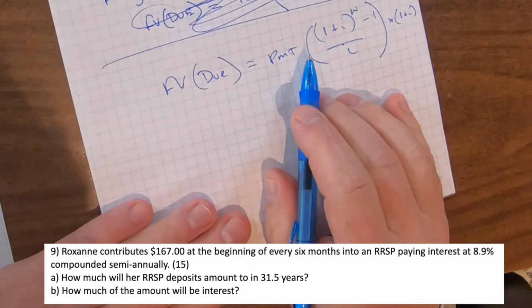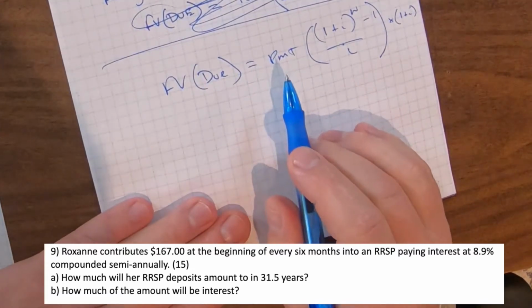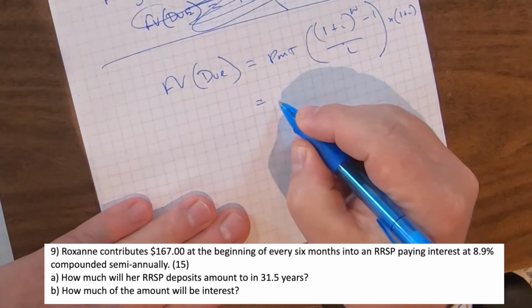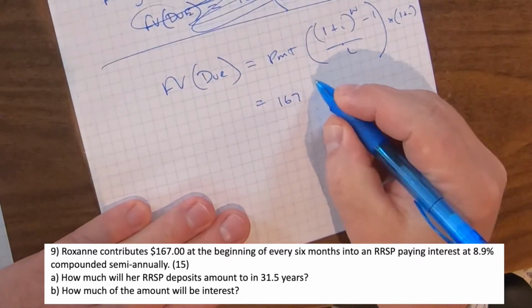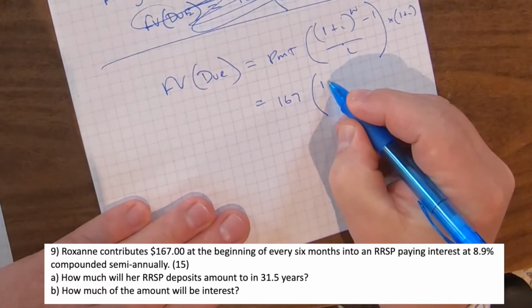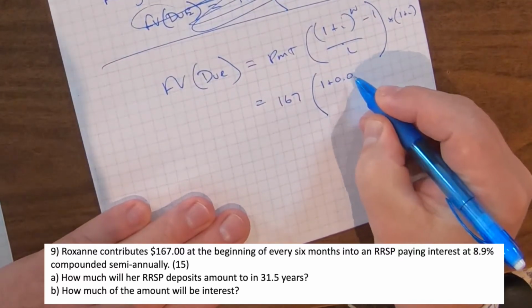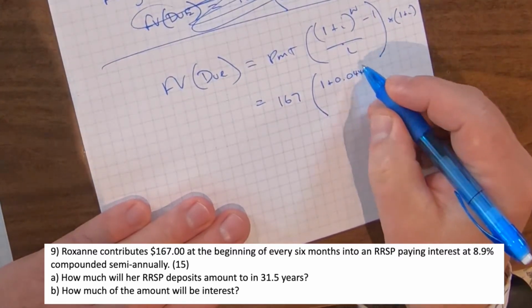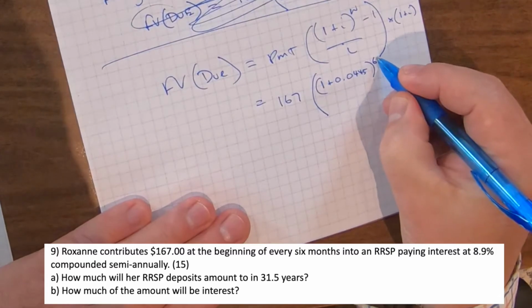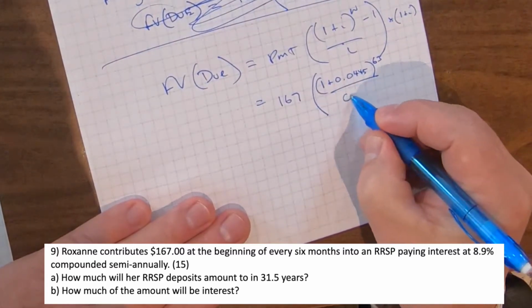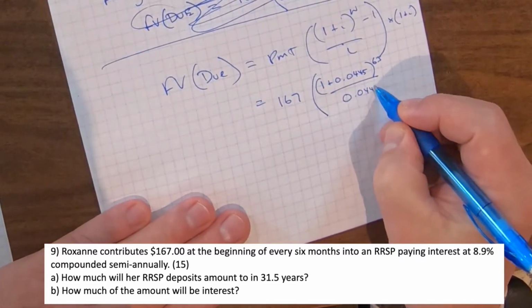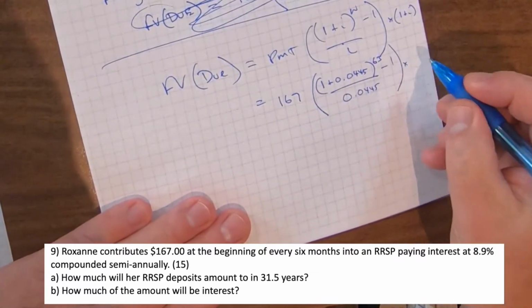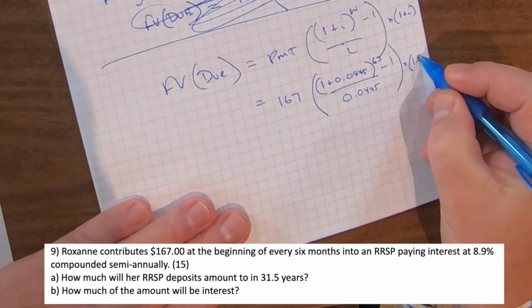So let's just plug our numbers in right here. Effectively, this is a payment of 167, times 1 plus 0.0445, which is our interest, to the 63, minus 1, over 0.0445, times 1.0445.